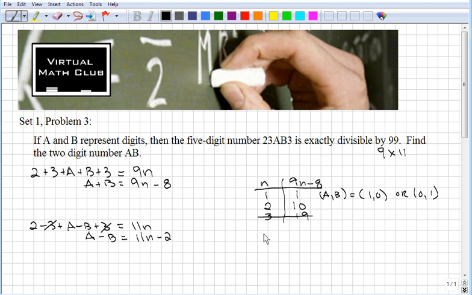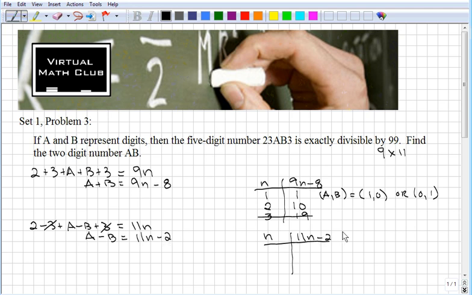And again, we can look at what the possibilities could be for n and narrow down those possibilities. In this case, if we plug in 0, we'd get negative 2. And if b is greater than a, then a negative number is possible.